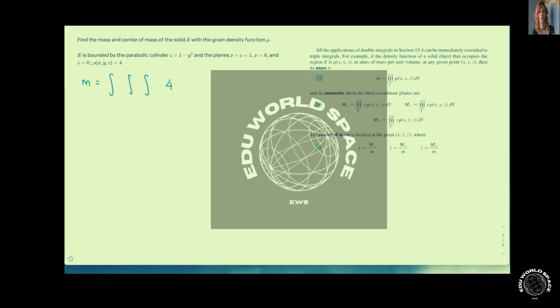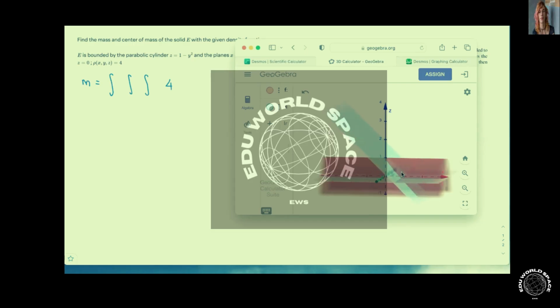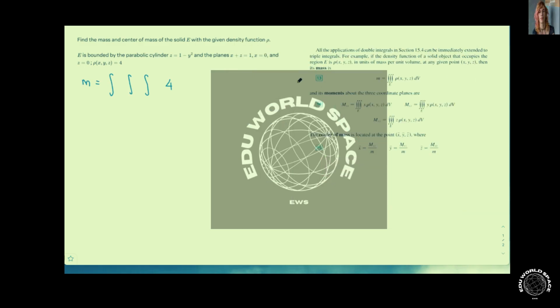Okay, so the solid is given here. So we can see that x is ranging from 0 until we hit the plane, which will be 1 minus z.